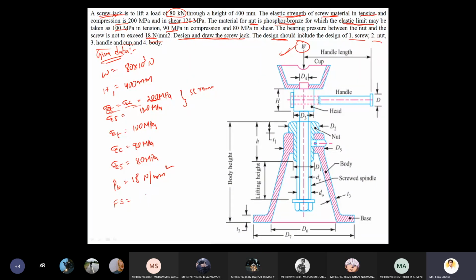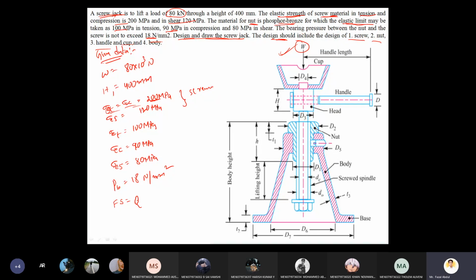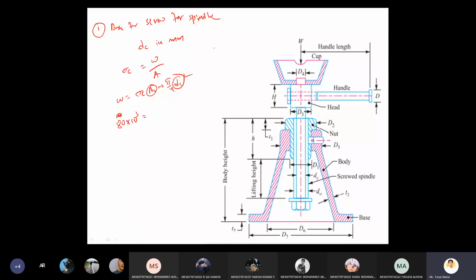Generally I am assuming a factor of safety of 2. So the tensile or compressive strength 200 by factor of safety 2 is 100 megapascal. Now the compressive stress is 100 megapascal, right? So here I'm writing 100 megapascal into pi by 4 into dc square, right? So what is dc? Tell me the value of dc in mm. Everything is appearing on the screen. Just tell me the value of dc in mm.